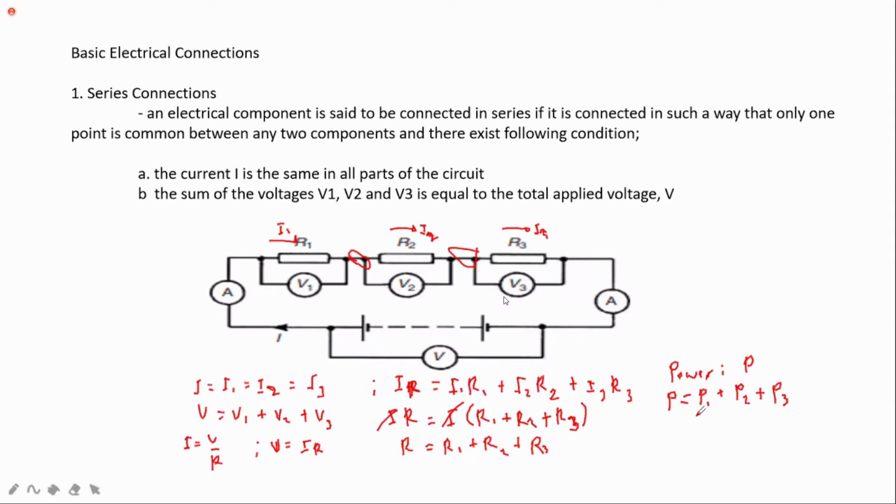Okay. For example, if this is the connection, say for example R1, R2, and R3.